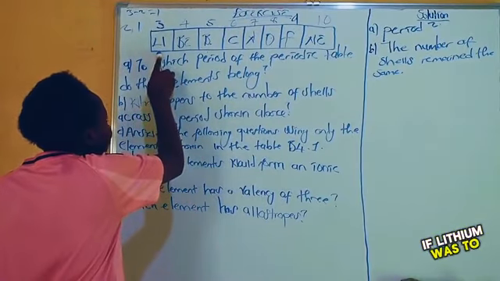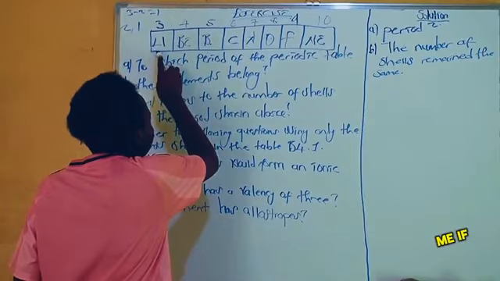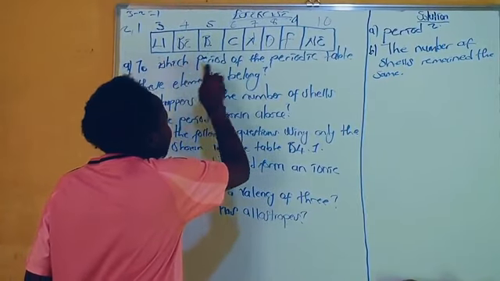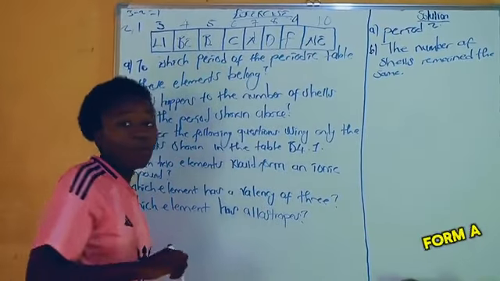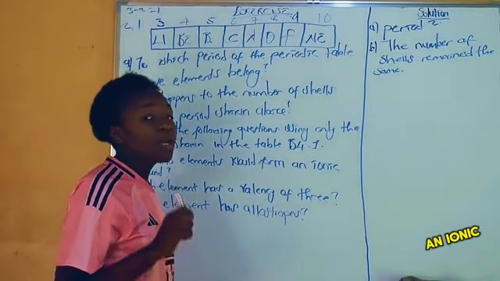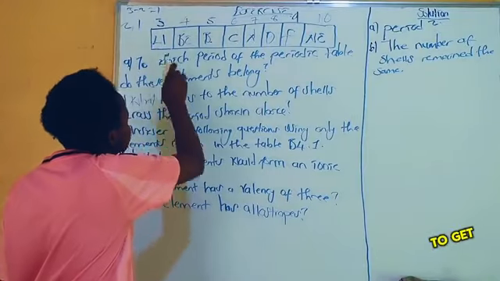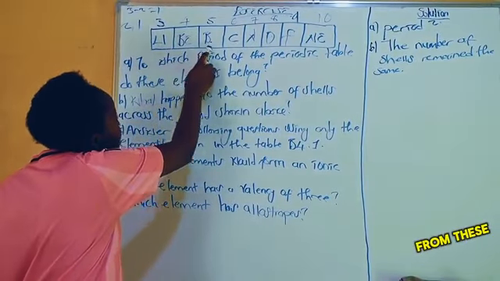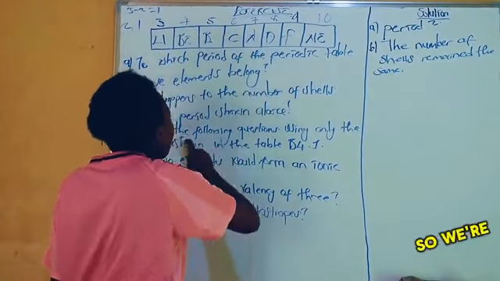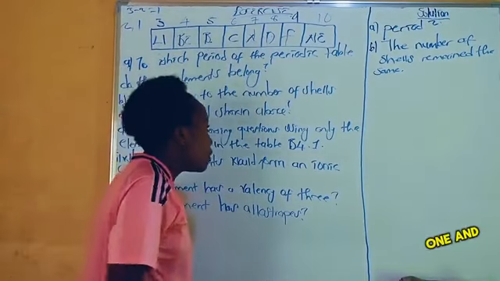If lithium was to share electrons with oxygen, it would form a what? An ionic bond. So meaning here we're going to get a metal from these three and a non-metal from these three. So we're going to go for lithium and what? And oxygen.